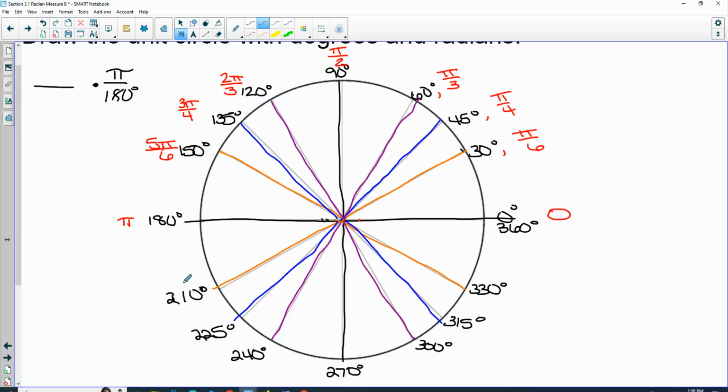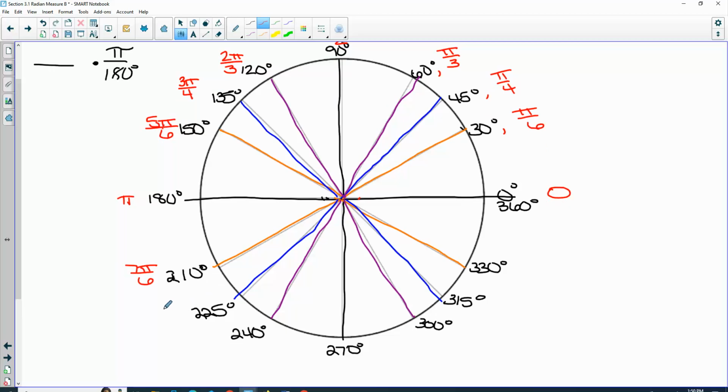let's go to the third quadrant. If I do 210 over 180 as a fraction, 225 over 180. And 240 over 180 turns into 4 pi over 3.